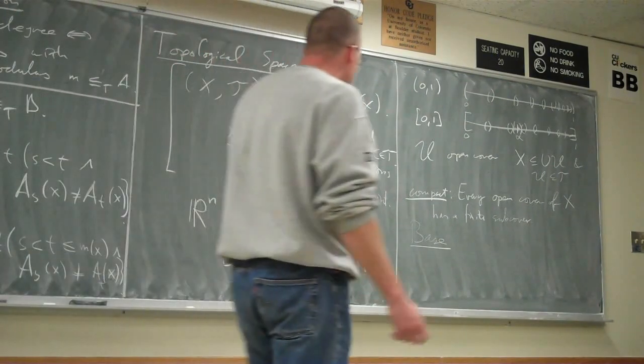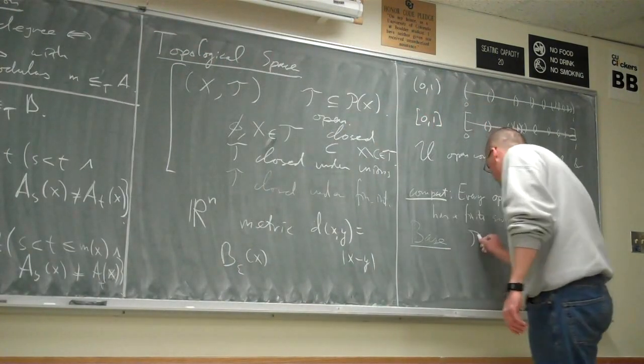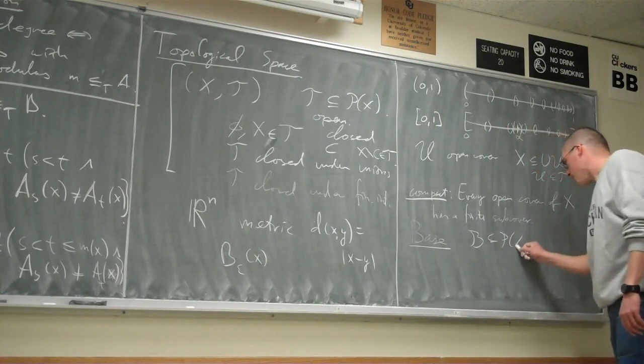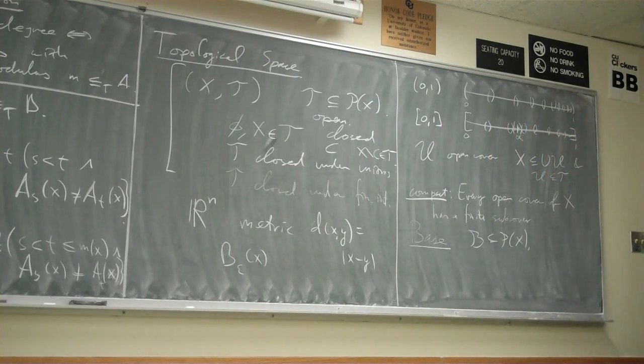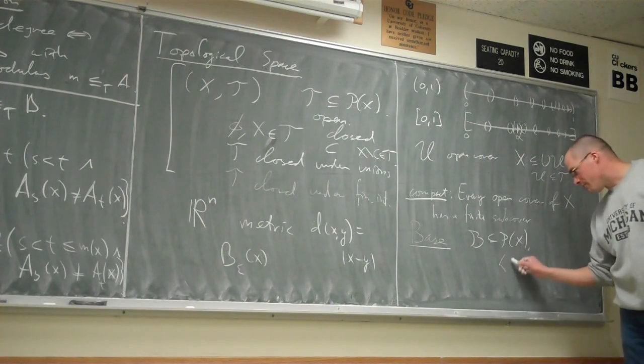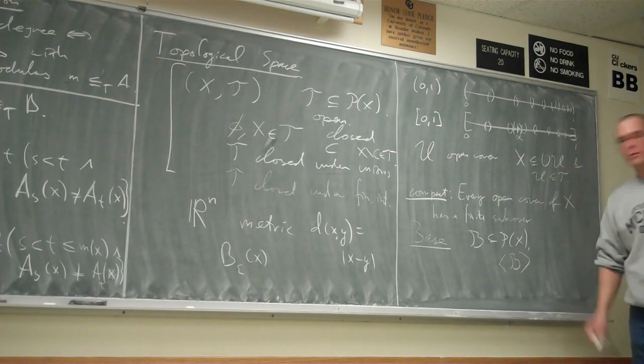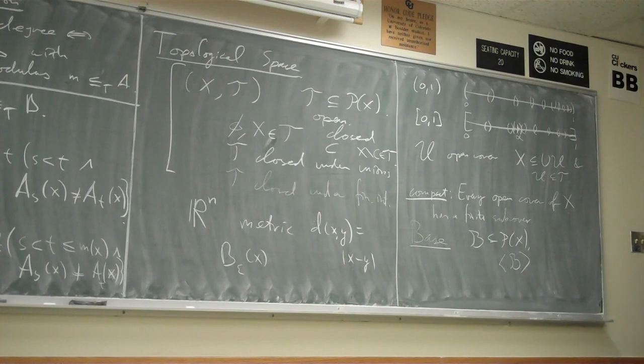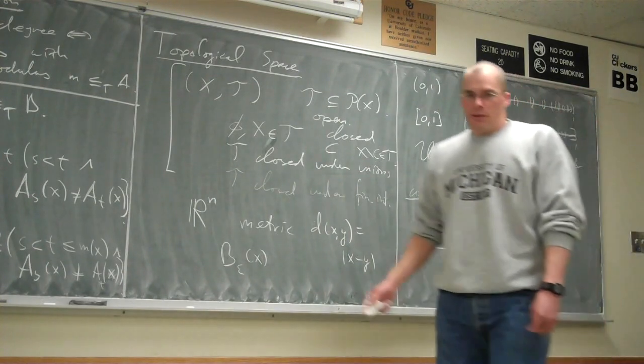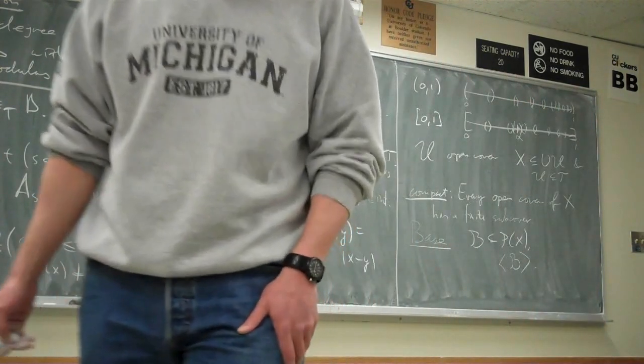And so a base is a collection of subsets in this power set, such that if you start generating with them, if you take arbitrary unions of these sets, then you end up with a topology.